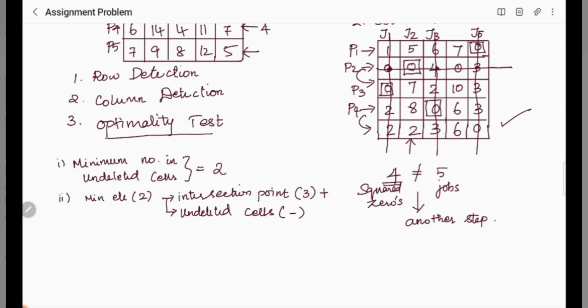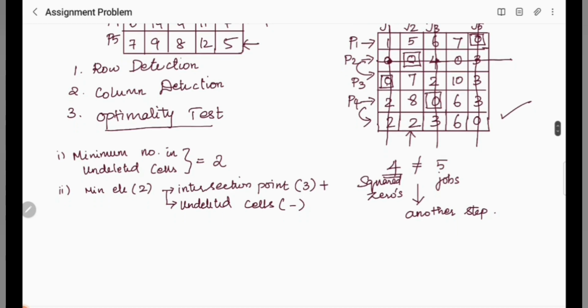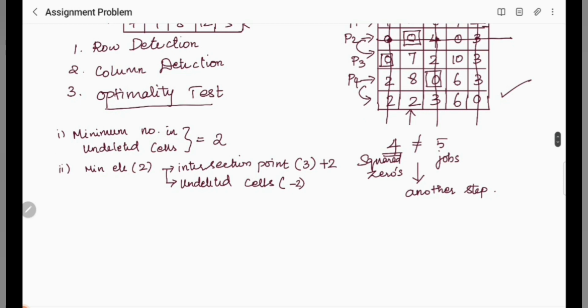So here we are in a position to construct a new matrix from the existing matrix following these 2 rules. The minimum number in the undeleted cells is 2, so you add 2 to the intersection points and subtract 2 from the undeleted cells. There are 3 intersection points, so this is plus 2 and this is minus 2. So I am going to draw the matrix here.